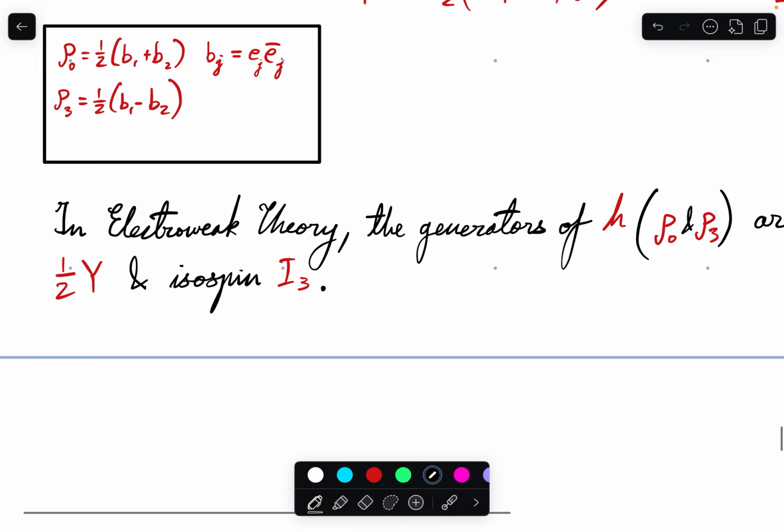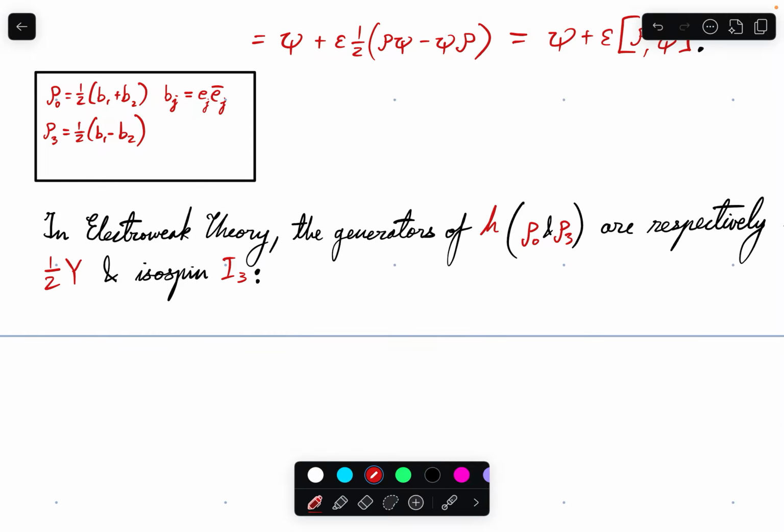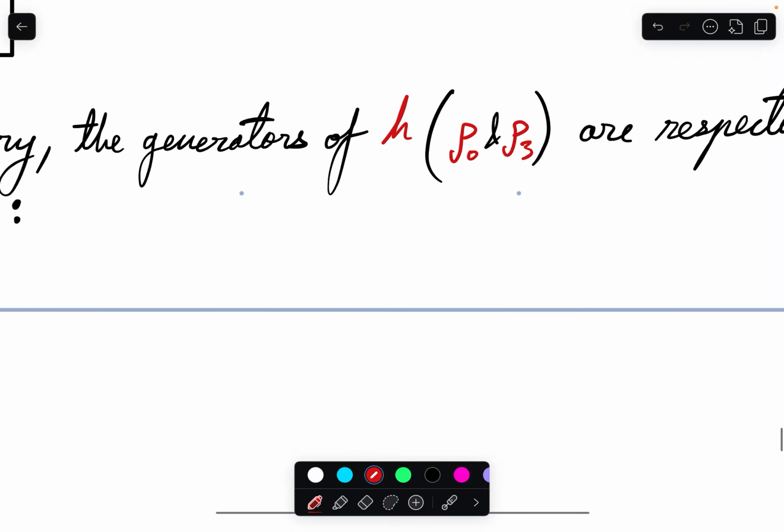So what this means is that rho naught is the hypercharge, and rho 3 is the isospin.